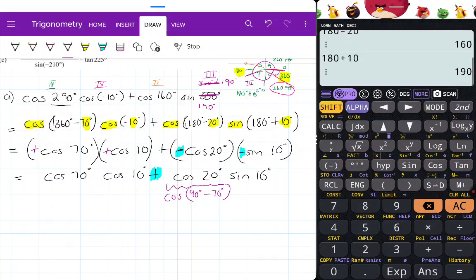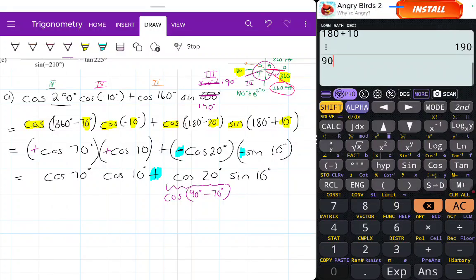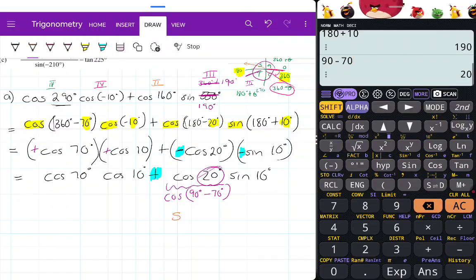Just stick with me, it makes sense to you, right? So 20 degrees is equal to 90 minus 70. It's the same thing we've been doing with the reduction formula. So we've changed this 20 and we've written it as 90 minus 70. And we can now change that 90 minus 70, which is in quadrant 1. Quadrant 1, it remains positive. Now it becomes sine of 70 degrees.